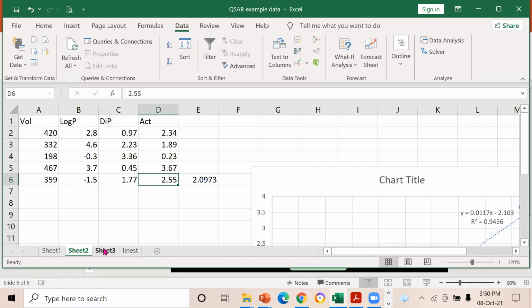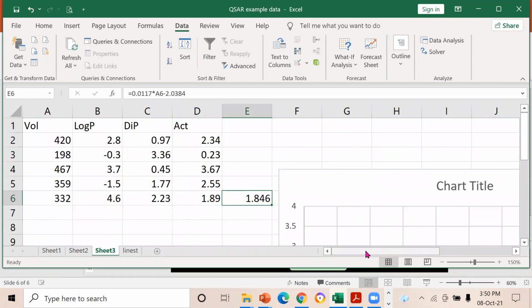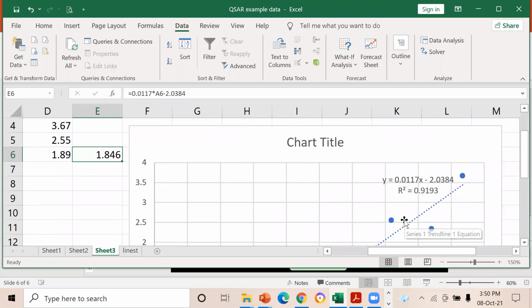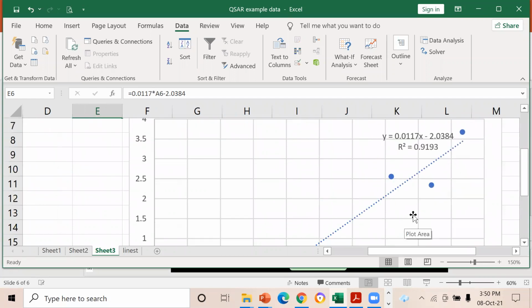Okay, then what I did was, I removed this point but kept this point. So I removed 332, but I kept 420. With those 4 points, I tried to get a model.